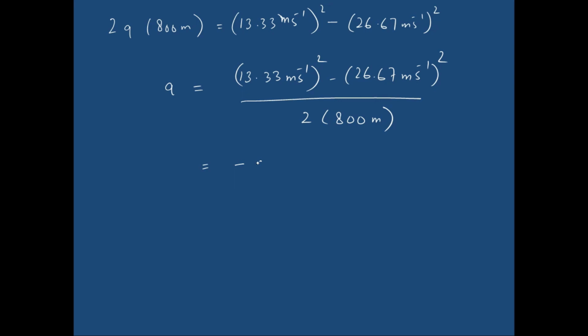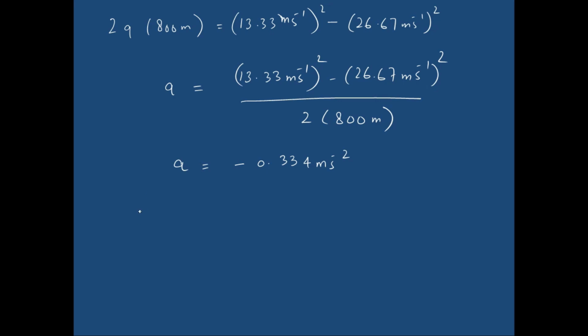Negative 0.334 meters per second square is the retardation when the brakes were applied. So this is the retardation with which the velocity keeps on decreasing.